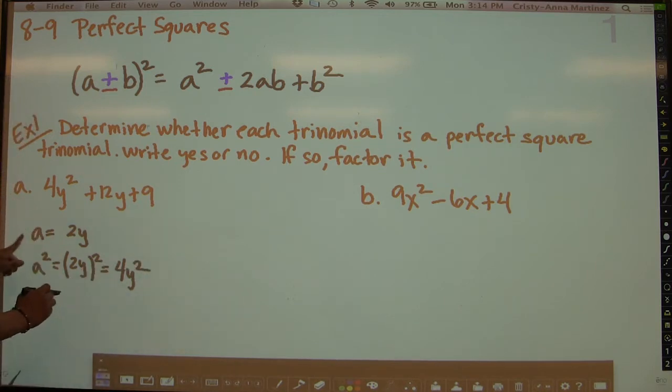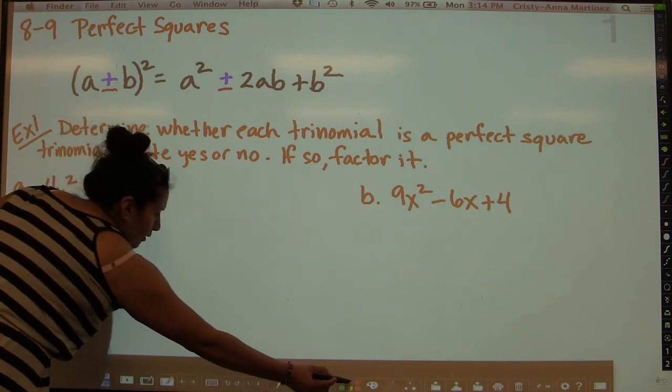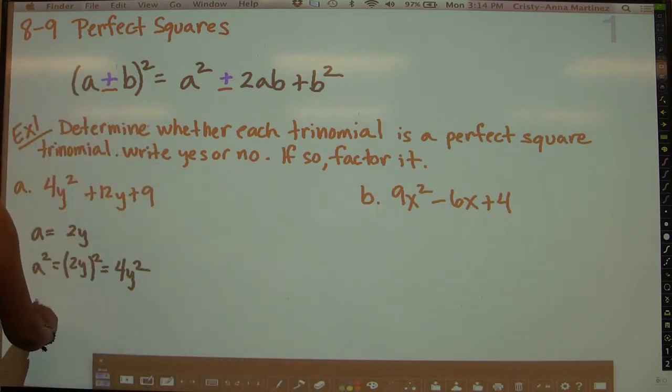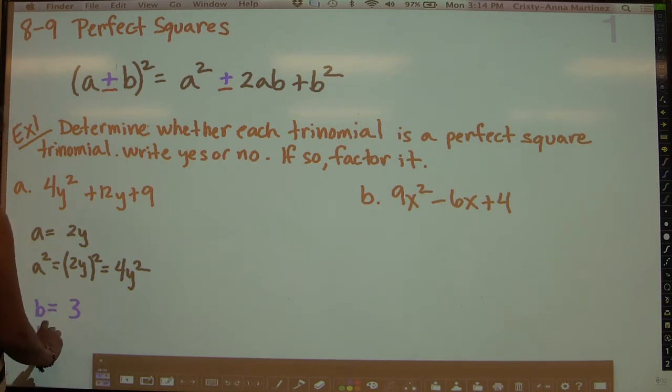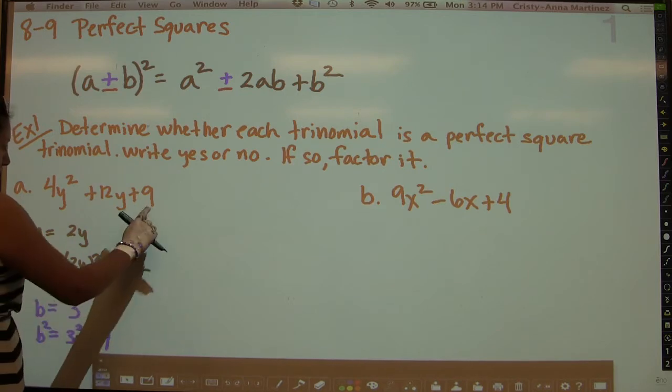So all that checks. And then for our b, we could argue that b is 3, because b squared would equal 3 squared, which is 9, which is what we have here.